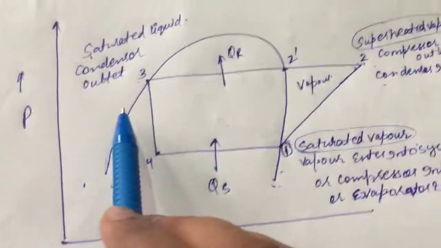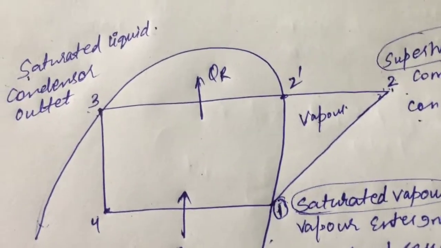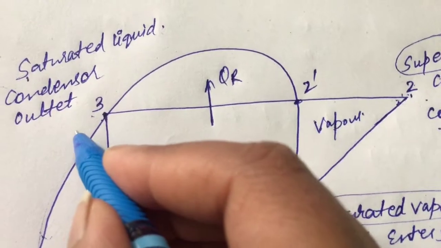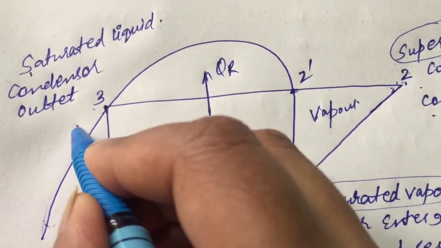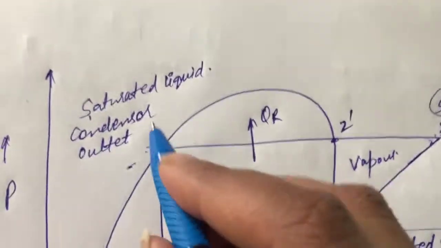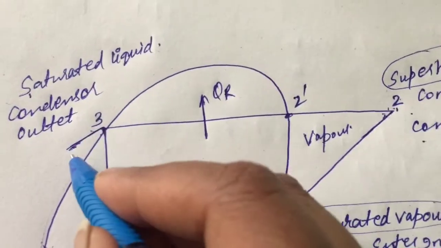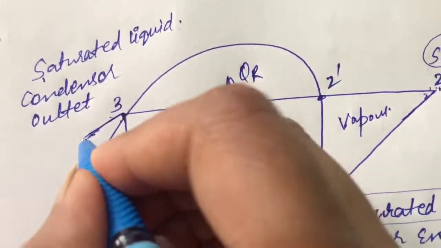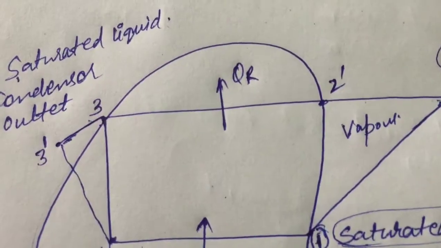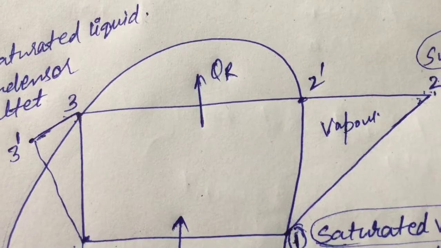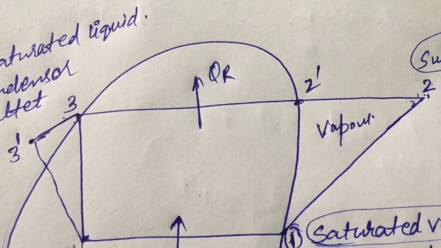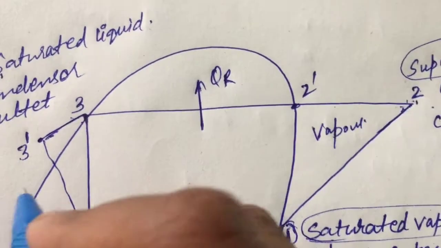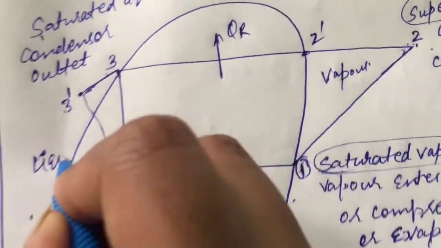So 3 is our condenser outlet, and if we extend this point, this is 3 dash, this point is the condenser temperature out, and this is our liquid portion.